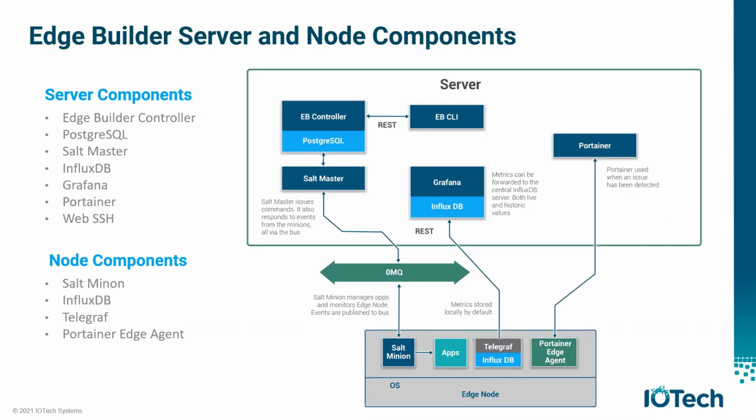And basically at the node side, the agent is built on top of the Salt minion, which is lightweight and able to deploy apps quite well. And then we use Influx and Telegraf and Portainer edge agent to support the metrics and the other infrastructure stuff.